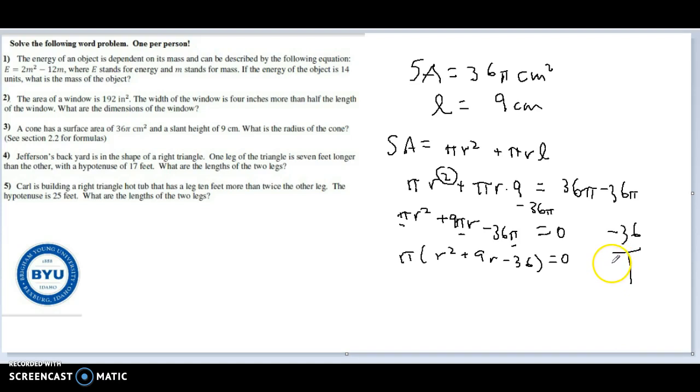And I think that positive 12 and negative 3 will work. 12 plus negative 3 is 9. 12 times negative 3 is negative 36. So that means that I should rewrite 9r as 12r minus 3r.